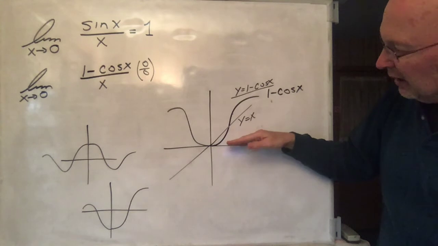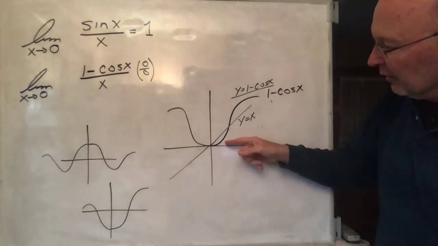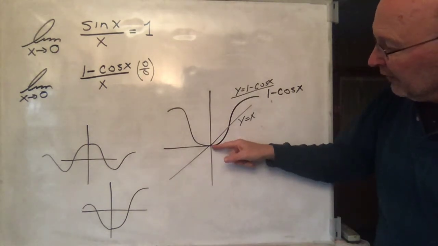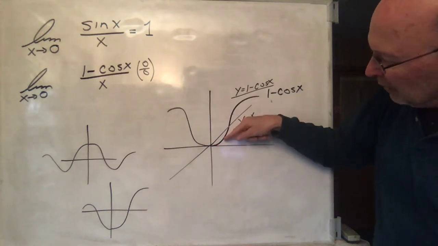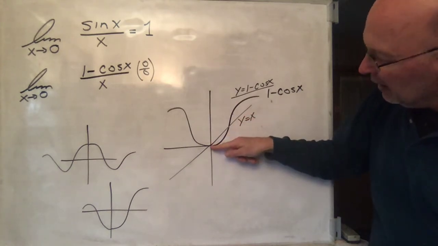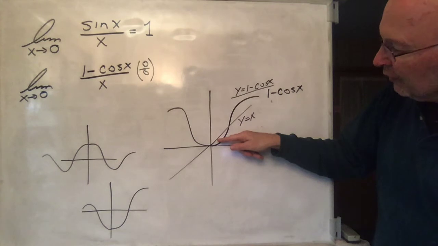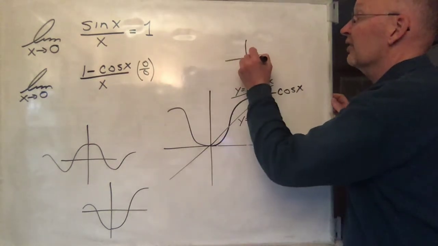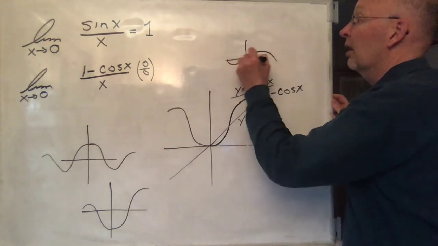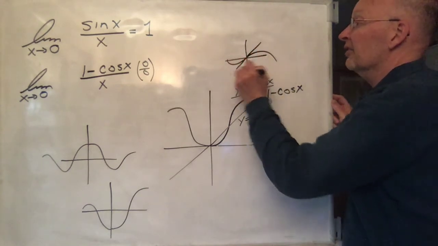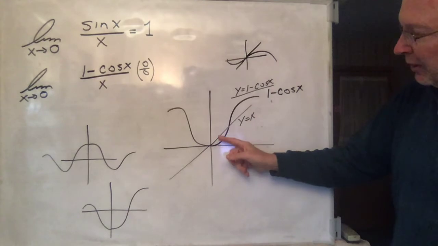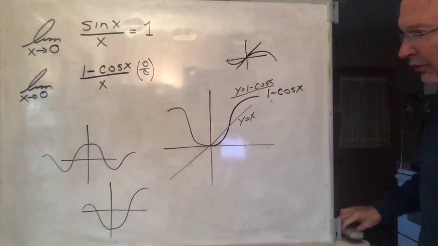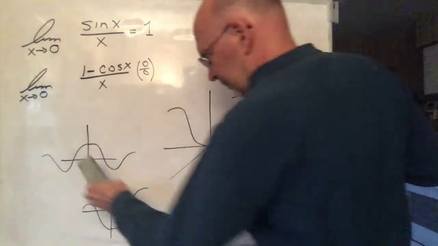They don't come kind of tangent to each other. In this case, this graph comes in down deep and low, right? It comes in nice and deep and approaches 0 much faster than this one does. So unlike the x and the sine of x, which look like this, here comparing the two look very different. So let's see what the actual answer is.